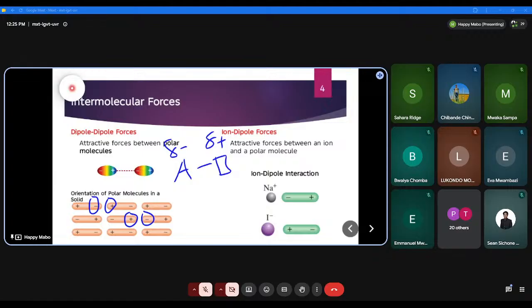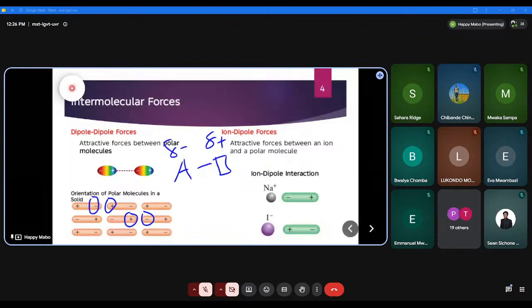So already we are starting to see that we can use these forces to try and explain why certain substances have got the shapes that they do have, and others may not have exactly the same types of shapes.